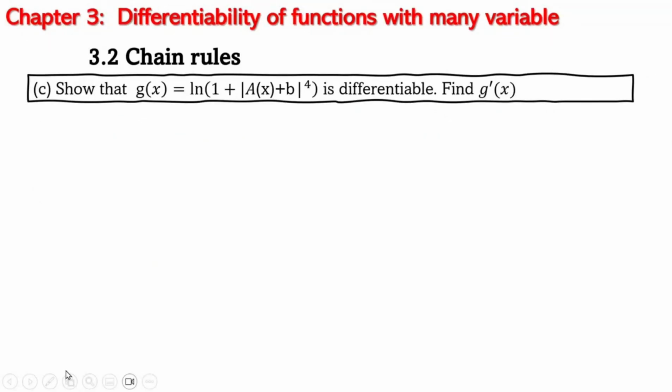Now the last part of this question is that we have to show g of x is differentiable.